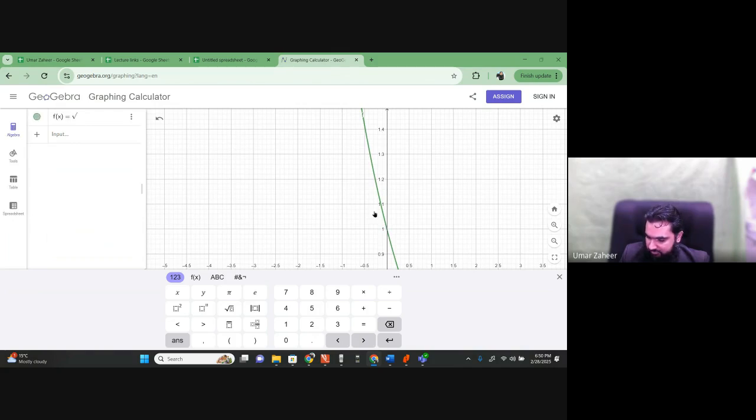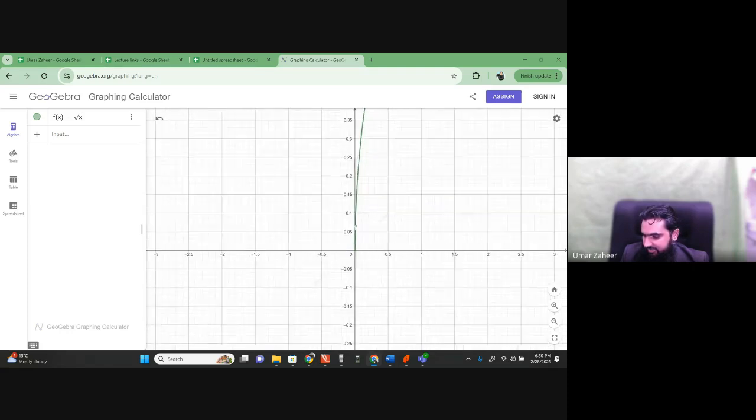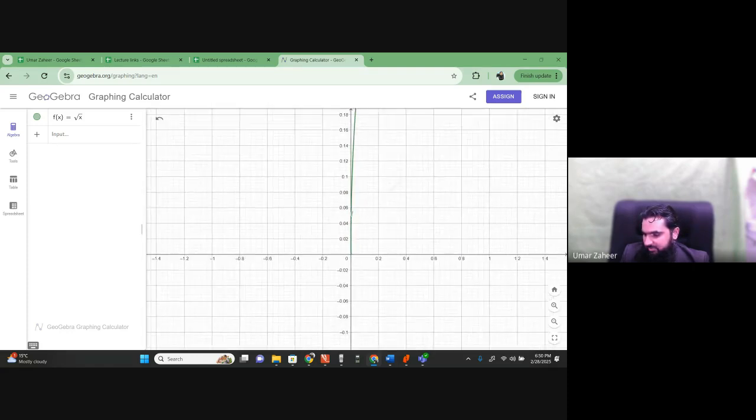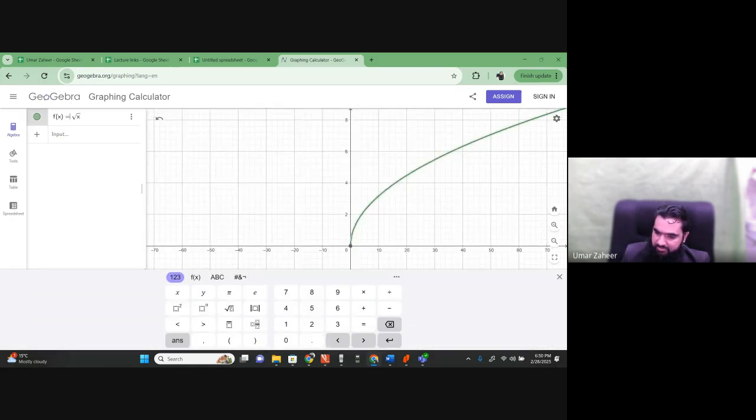We have a square root of x. Look at here. It started from 0 and then makes a shape. And you will take 1 divided by square root of x.